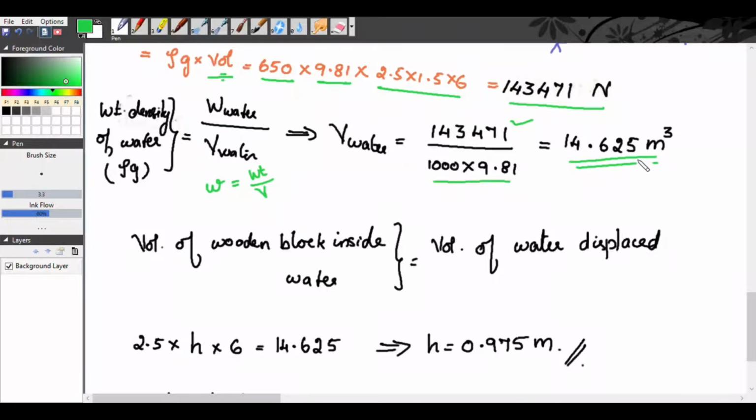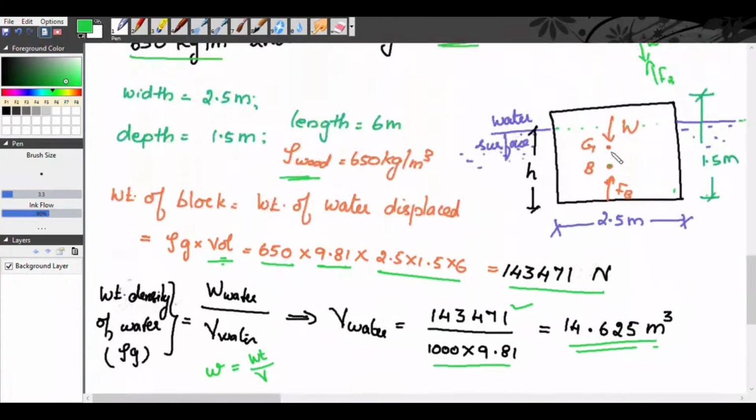This volume of water is 14.625 meter cube. Now, this volume of water is equal to this much volume of wooden block.